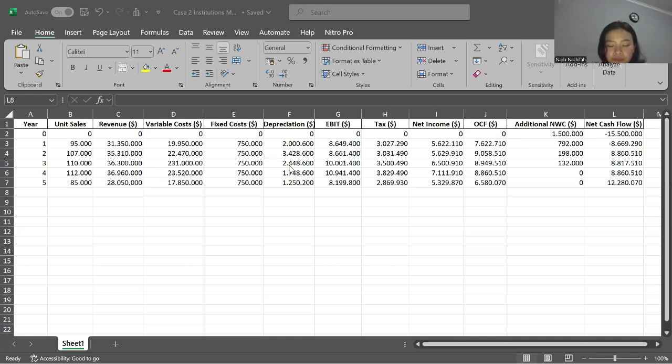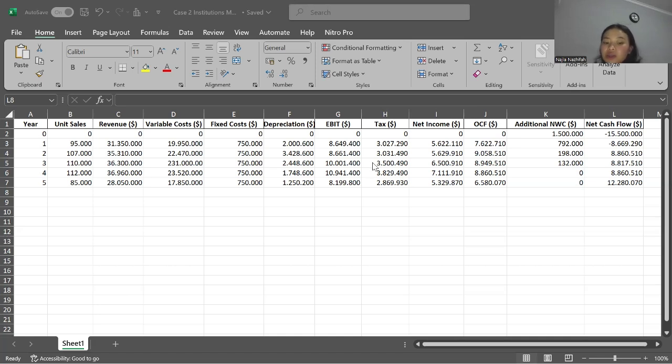Depreciation is 14 million times 17.449%. We got $2,448,600. And EBIT is revenue minus cost. We got $10,001,400.